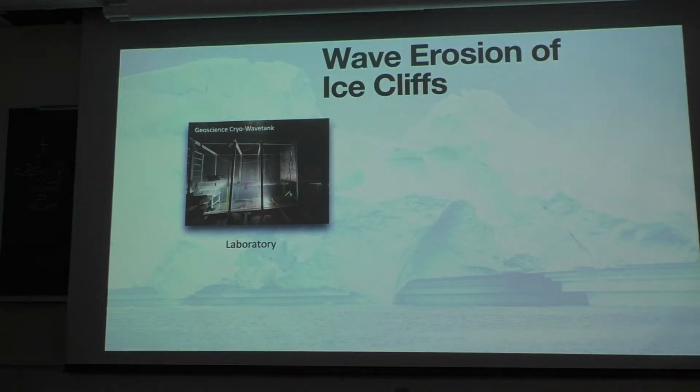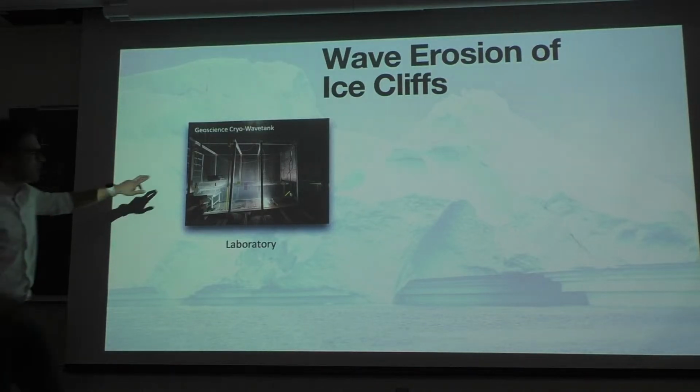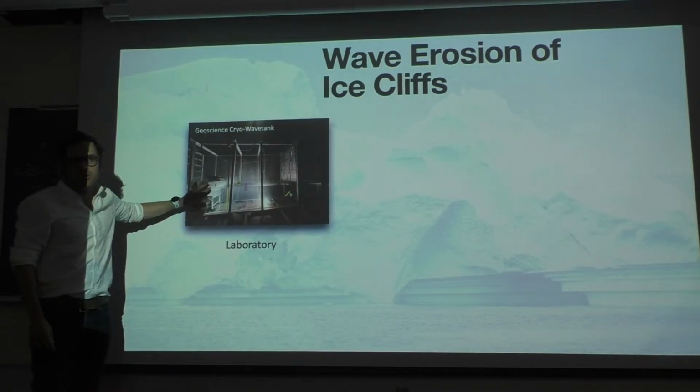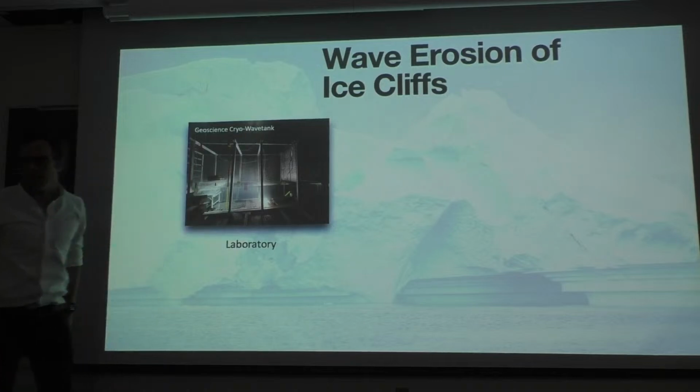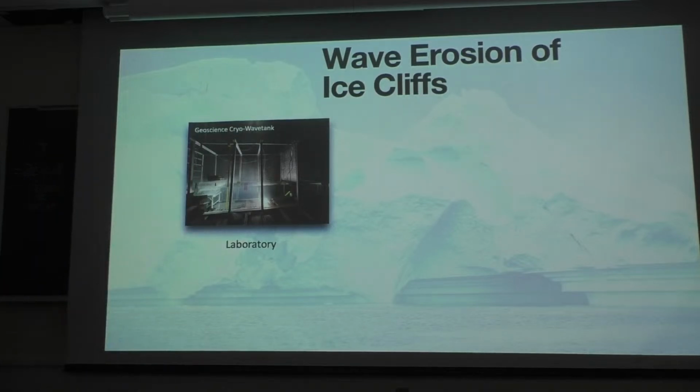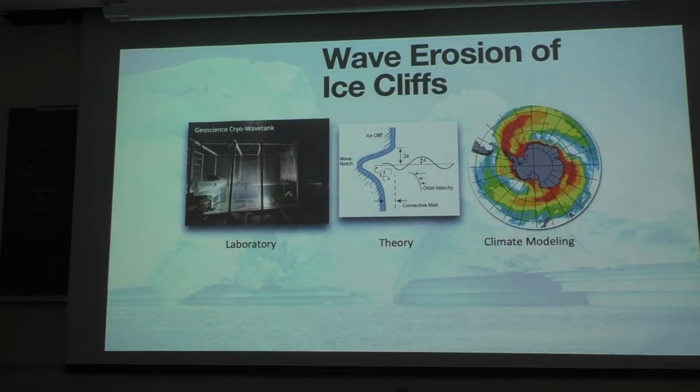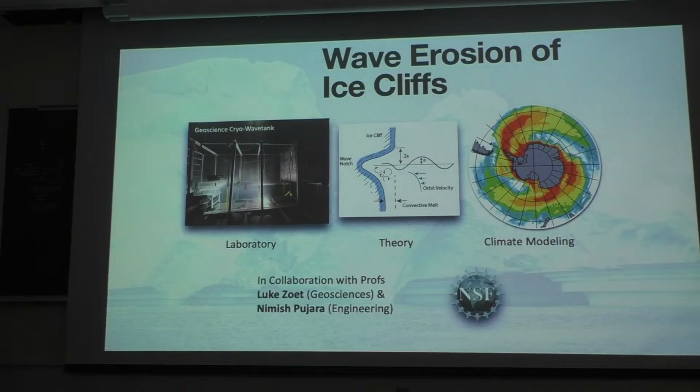We are also combining this with experiments in the geoscience cryo wave tank that's in Luc Zuid's cold room, so that we can reproduce this. And yeah, so there's a theory component, lab component, and climate modeling. And one of the engineering students, Anja Walterman, is doing amazing work. So that's in collaboration with geosciences and engineering.